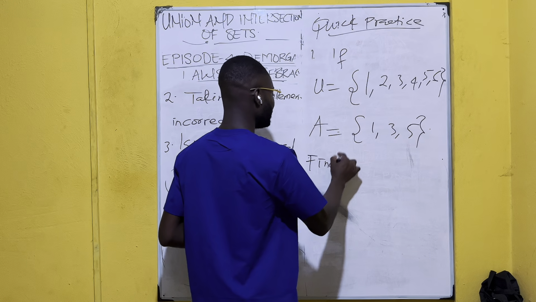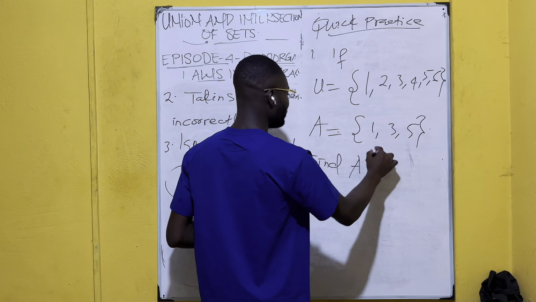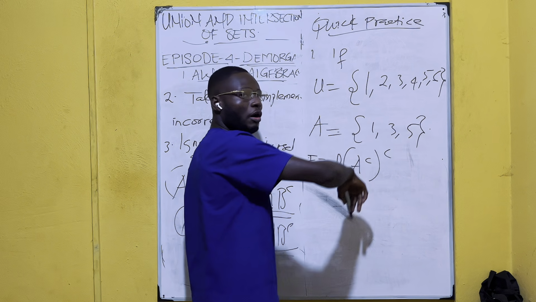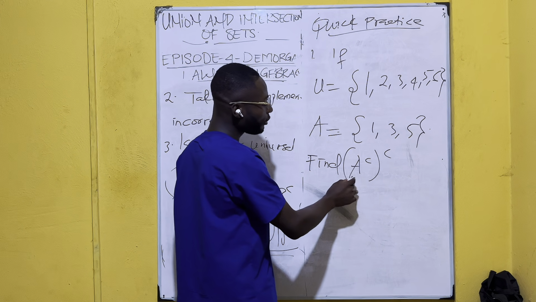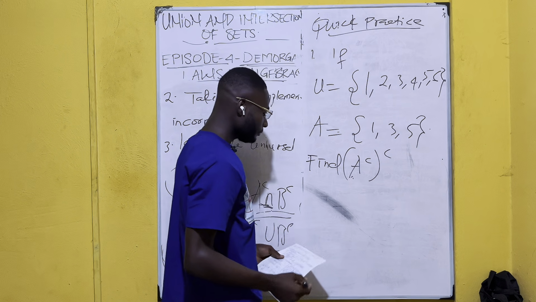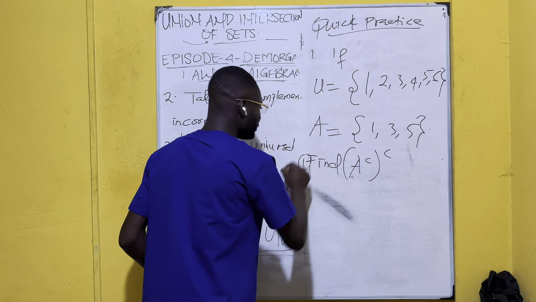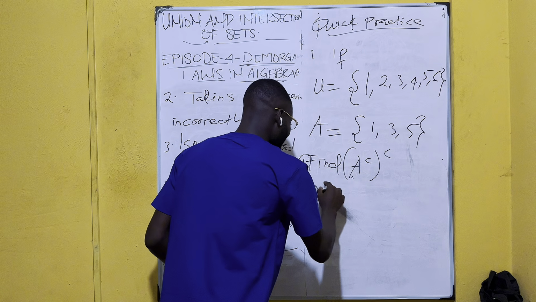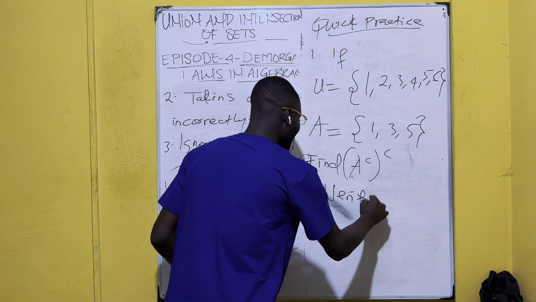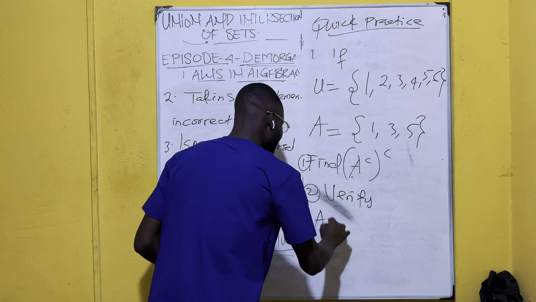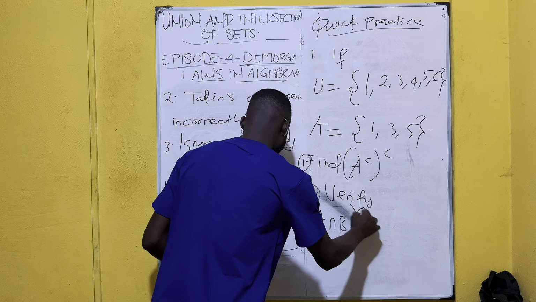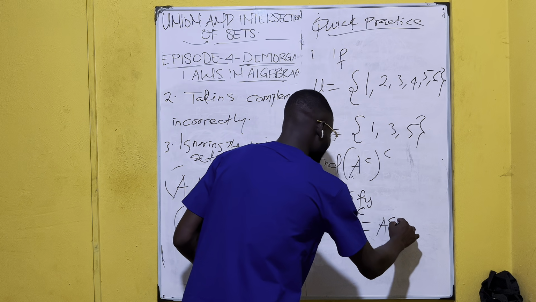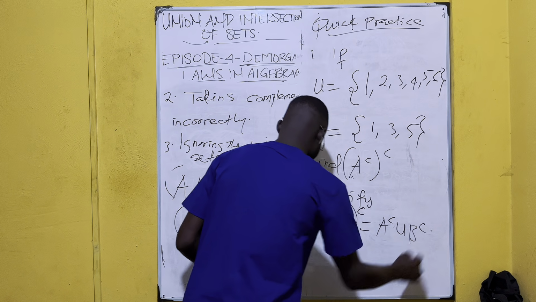Find A complement, all complement. So that is 1 under the same question. 2: Find or verify A intersection B all complement equals A complement union B complement.